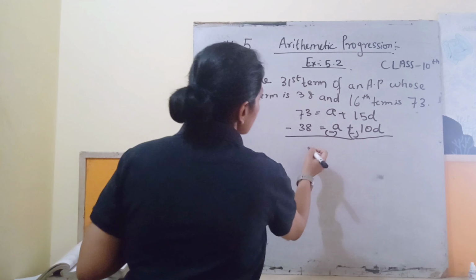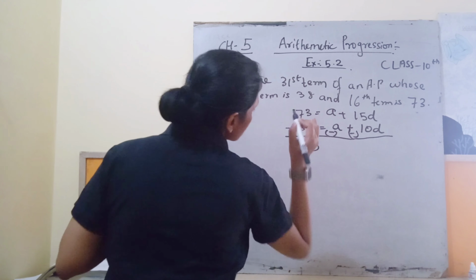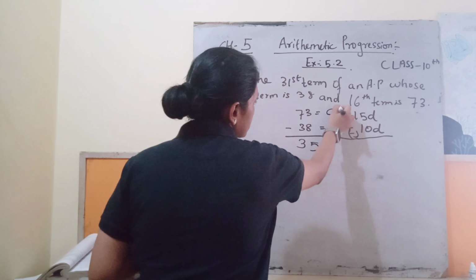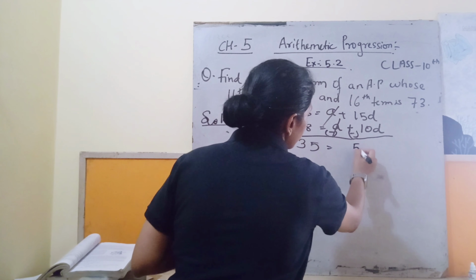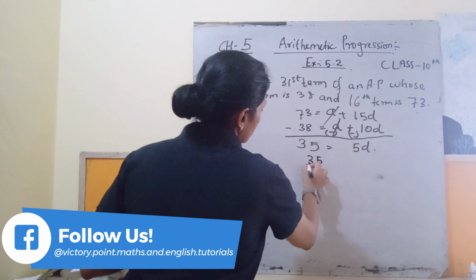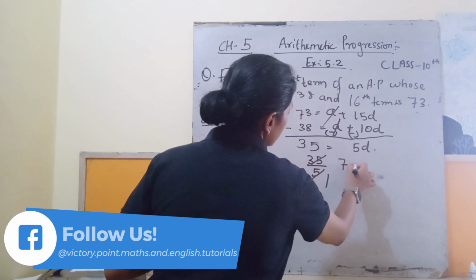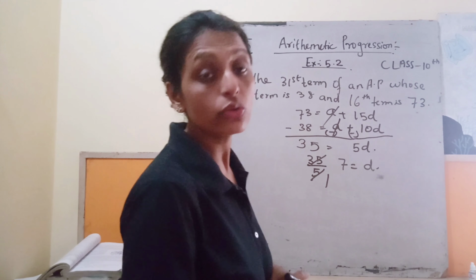So 73 minus 38 is 35, and 35 = plus a minus a will get cancelled, and 15d minus 10d will be 5d. Now 5 is multiplied here, so when it is divided, 5 sevens are 35, so the value of d is equal to 7.